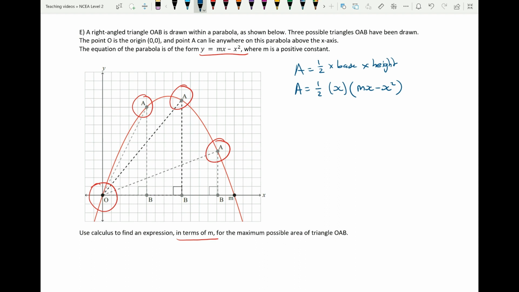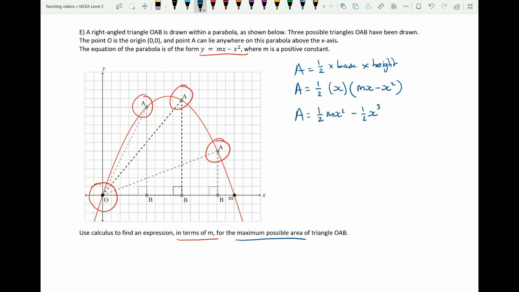So if we now simplify that, it will be A equals, so we've got half times x, so half mx squared, and then half x times negative x squared, so minus half x cubed. So we've got an expression for our triangle now. Now, if we're trying to maximize that area, then maximization means turning point.